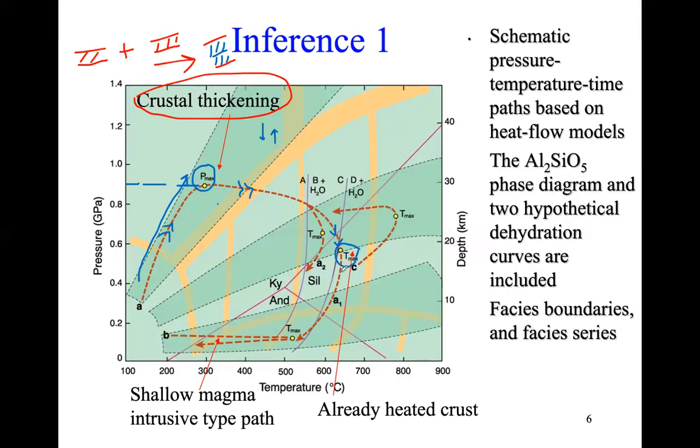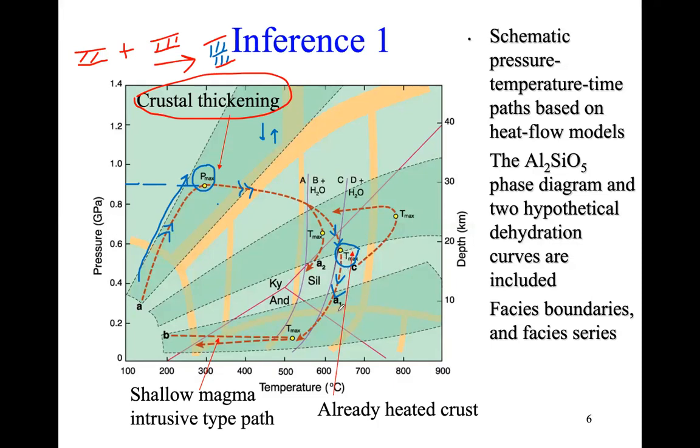Then what happens is the pressure decreases further. So suddenly you can experience a kind of steepness of the PT path, which denotes quick pressure decrease.